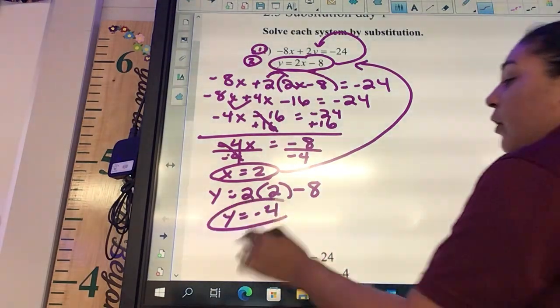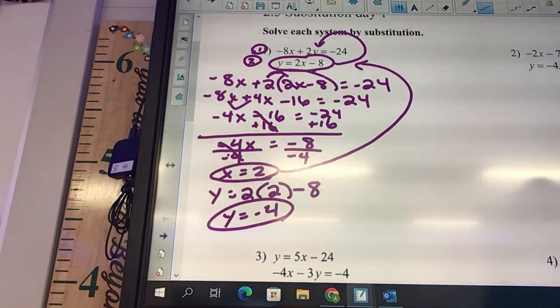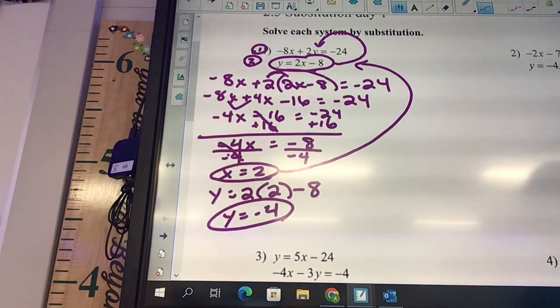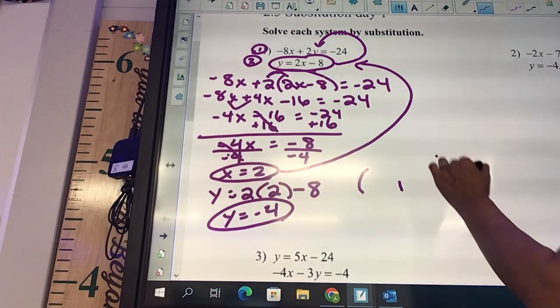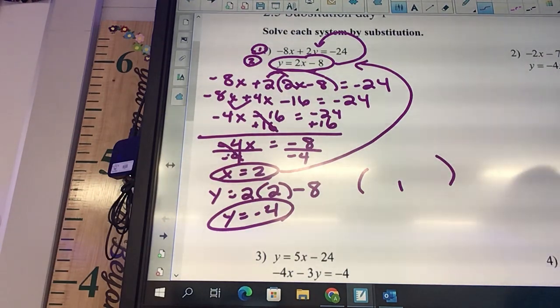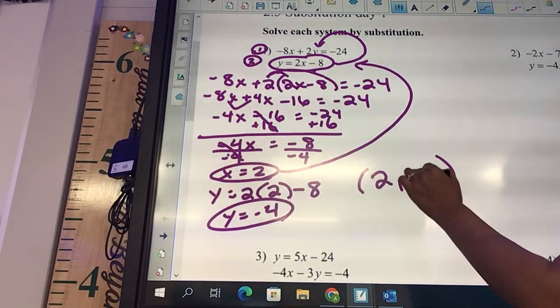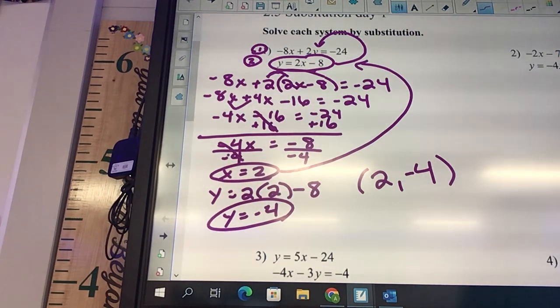The same way you wrote coordinates yesterday, because these are systems, you need to write it as a coordinate. What comes first? The x. So what is our x? 2. What's the y? Negative 4. Okay, that's our solution.